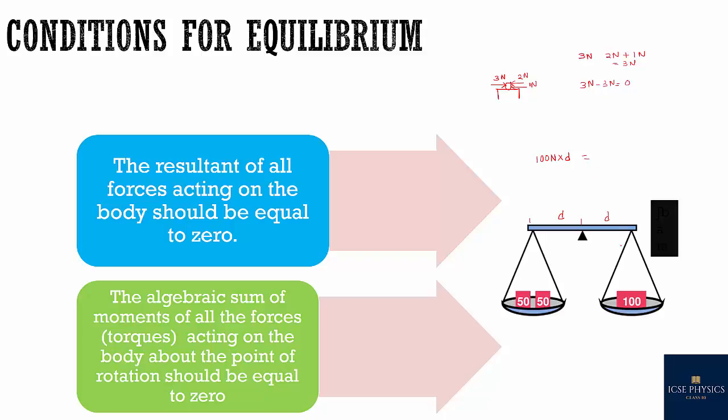And what will be the moment here? Again 100 into d. So clockwise moment is equal to anti-clockwise moment, right? When the algebraic sum is equal to 0, if I take it to this side, 100 Newton into d minus 100 Newton into d is equal to 0. So the algebraic sum of the moments of force is 0.